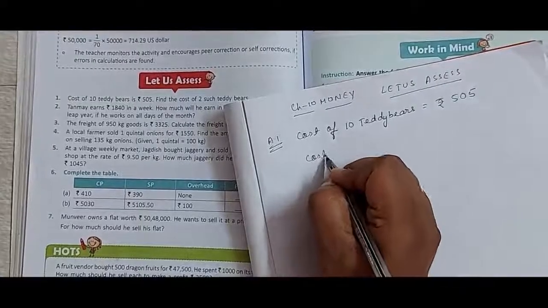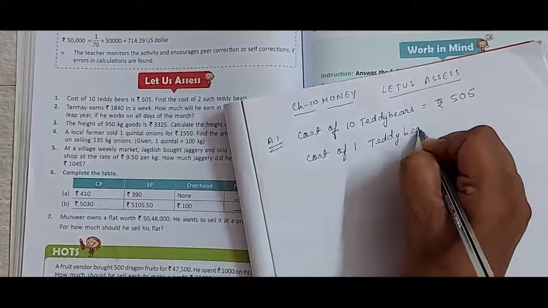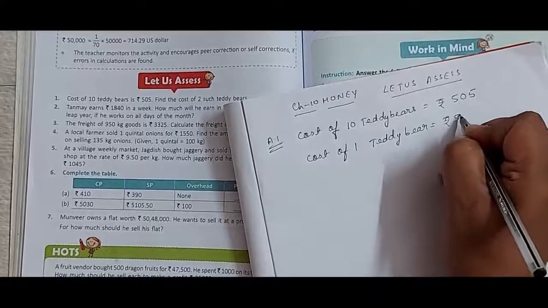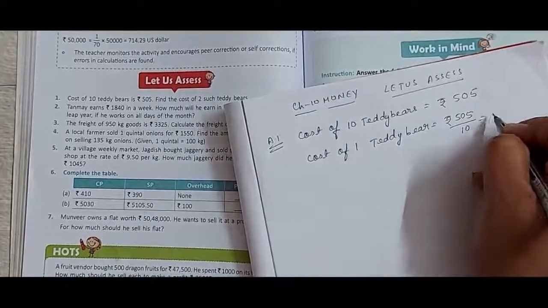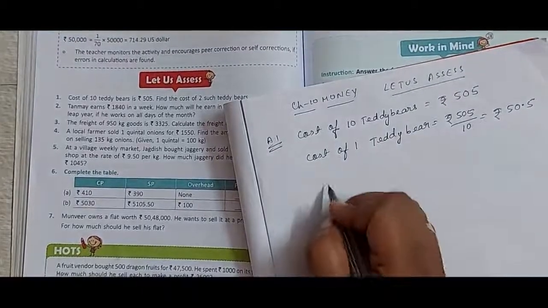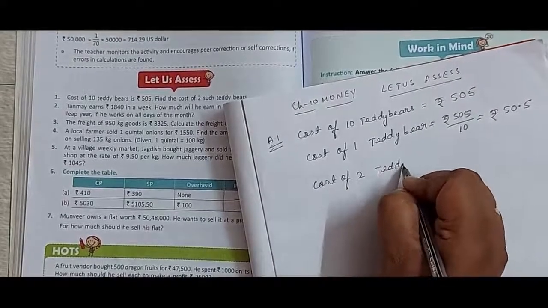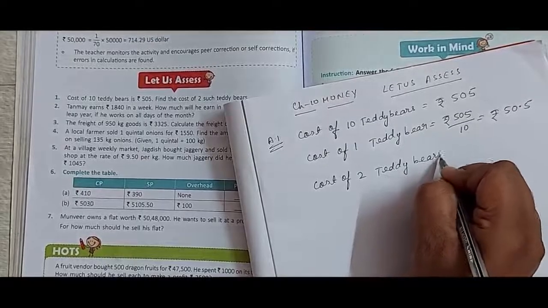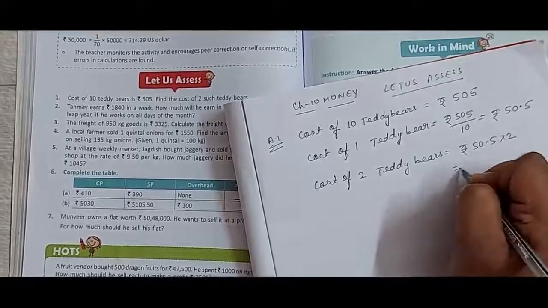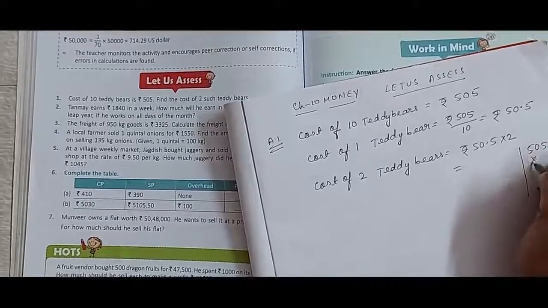Cost of 1 teddy bear equal to rupees 505 divided by 10, so that is equal to rupees 50.5, and cost of 2 teddy bears equal to rupees 50.5 into 2. In rough column you can multiply 505 into 2.